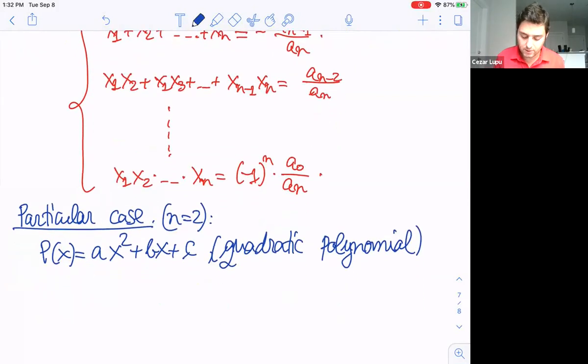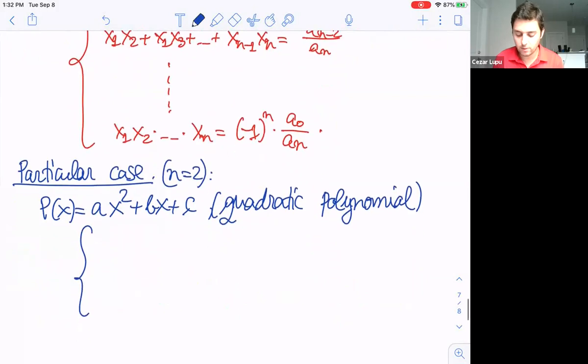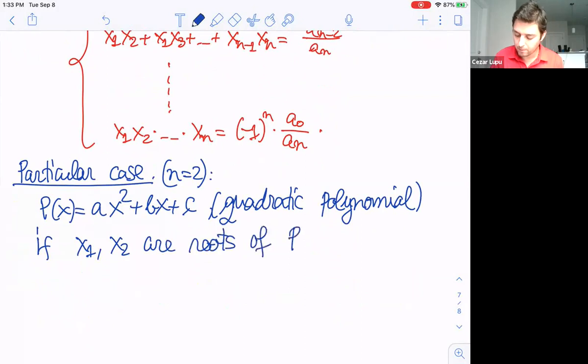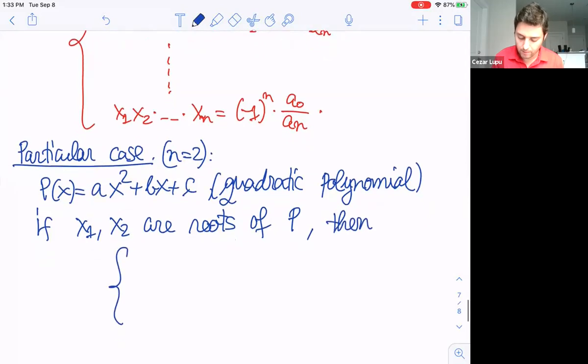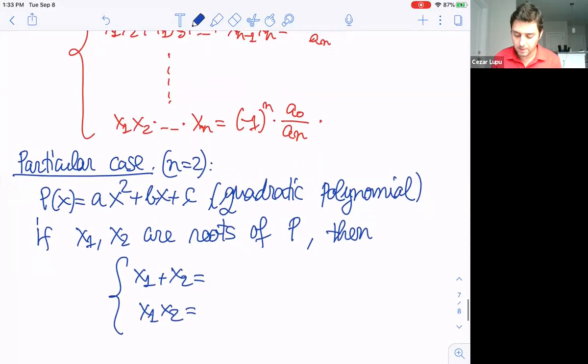Well, the Viète relations in this case, if x1 and x2 are the roots of P, then we'll have the following: x1 plus x2, we will have only two of them, the sum and the product, which will be negative b over a and c over a.